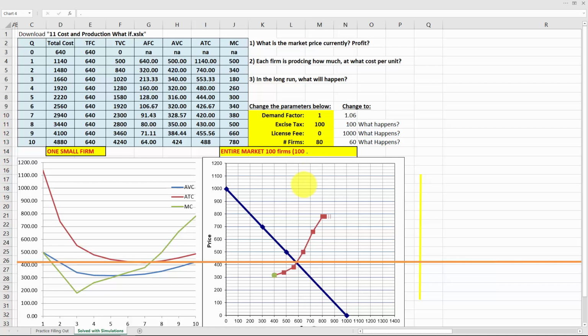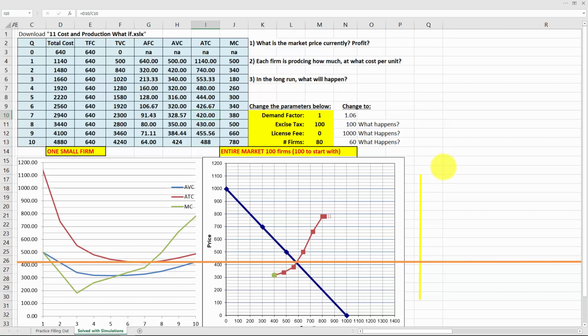All right, that looks about right. At about 80 firms, we went from 93 firms in the market who are breaking even. Now 13 firms are going to be put out of business, and we're going to be up to the new long-run equilibrium price of $4.20 where firms are breaking even.